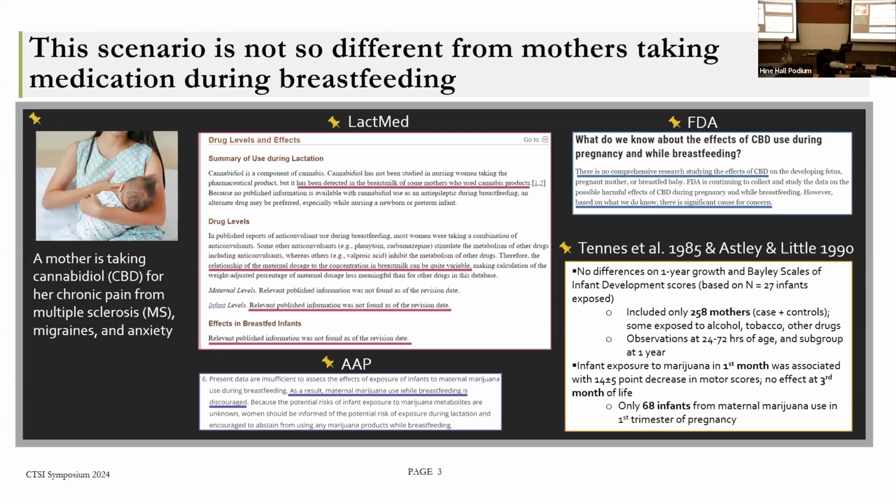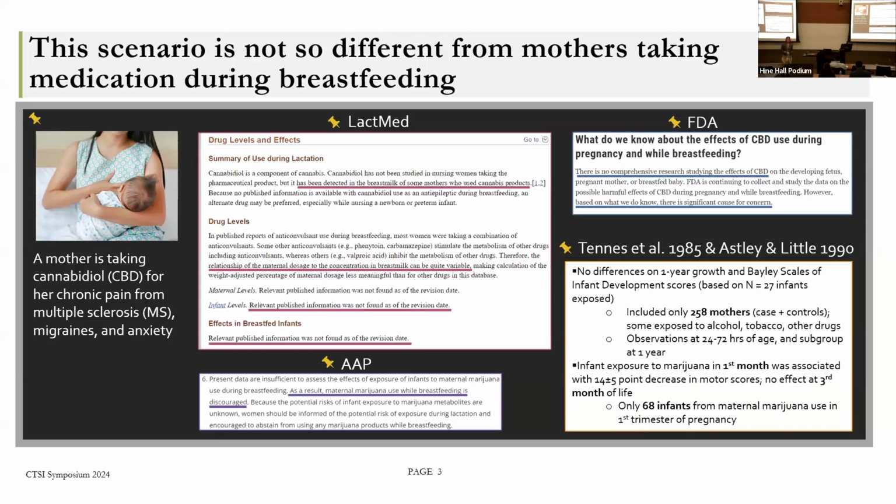We also look to the FDA, and they also mentioned that there's not much information out there, but they also discourage it based on what we know. Now, what are we basing this evidence on? Mainly animal studies, and those 2 studies I point out there by Tennes and Astley and Little in the 1980s and early 90s. What they essentially said in a nutshell is they conducted small observational studies.